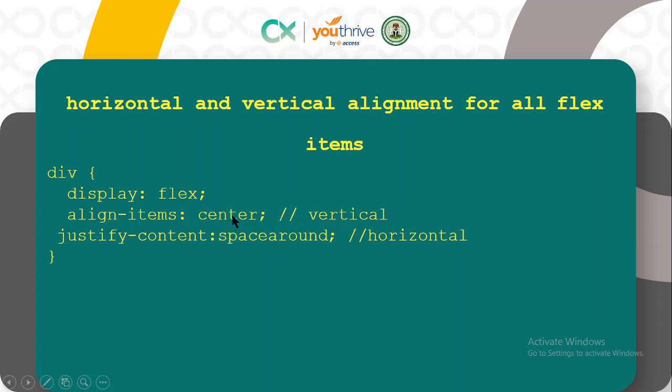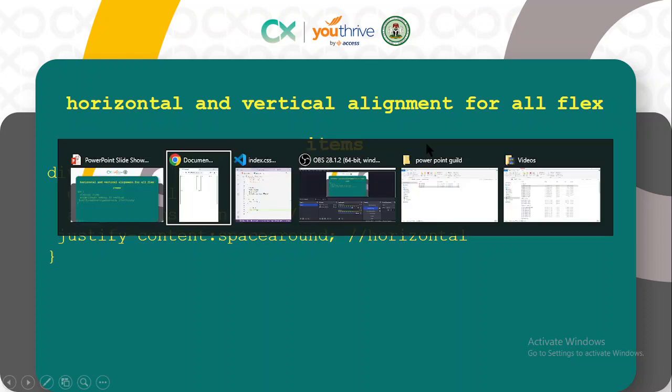There are so many values for this, but the one we use now, the center, means it should be perfectly at the center. Then justify-content space-around, so there should be a hyphen here, and this is for the horizontal alignment. So let's test this out.